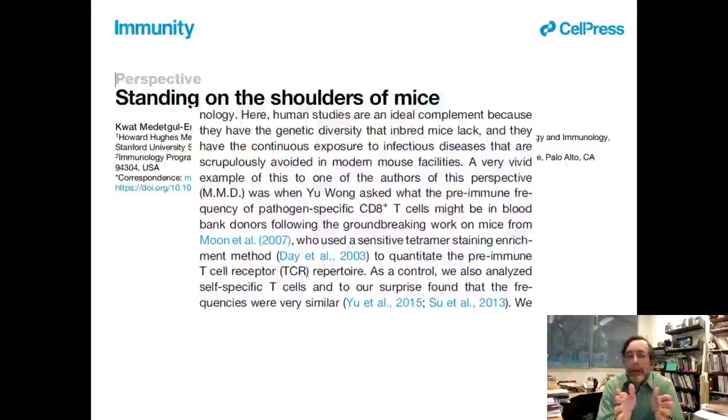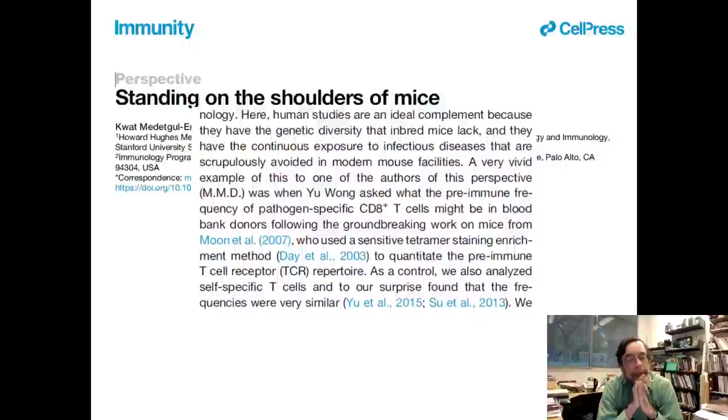And why are humans different from mice? Well, we have genetic diversity that inbred mice lack, and we're also continuously exposed to infectious diseases that we avoid scrupulously in modern mouse facilities. We keep things simple and sterile in the lab. We are not living in a lab. We're in a complicated system, and we are more complicated organisms.